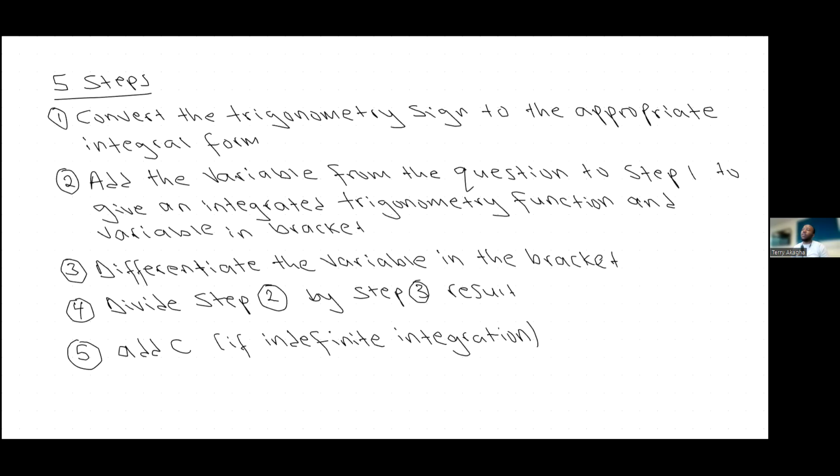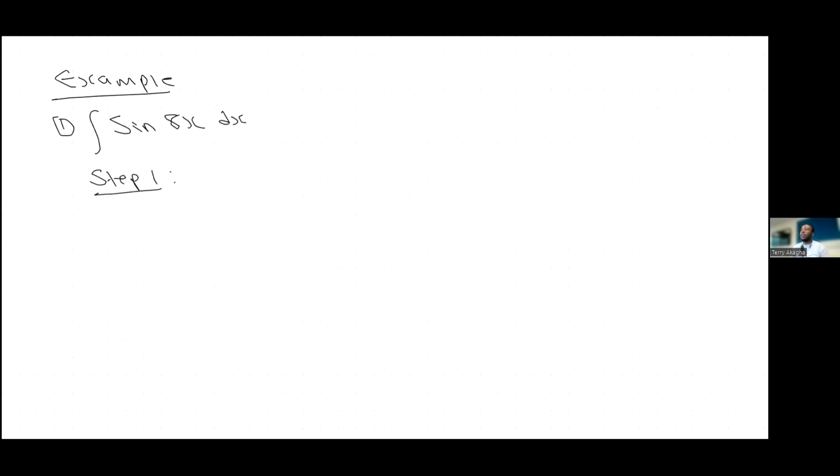The trig function we have is sine. So remember it's sine, cosine, minus cosine. When you integrate sine, it's going to give us minus cosine. So that means step one, the sine we had here is going to be equal to minus cosine.